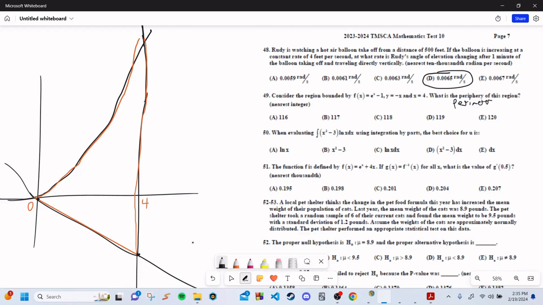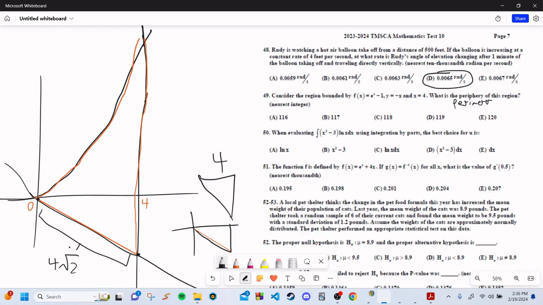And again, this is not drawn to scale. If I did draw it to scale a bit more, it would look like this. This line right here is y equals negative x. So it's kind of like a right isosceles triangle there with a leg of 4. Therefore, this length here is 4 times the square root of 2. Okay, that's simple enough.